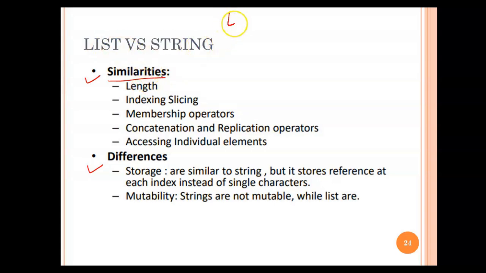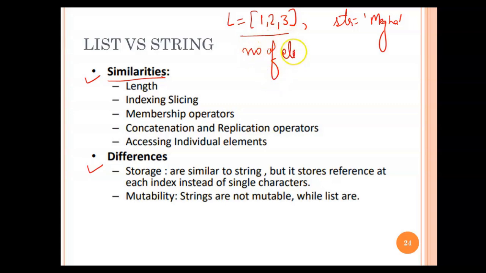So please check it. Suppose there is a list 1, 2, 3. These are the 3 elements in a list. I have a string here, string is equal to mega. Now if you want to find the length of a list or a string, both are going to work. This is the number of elements, and this is the number of characters.